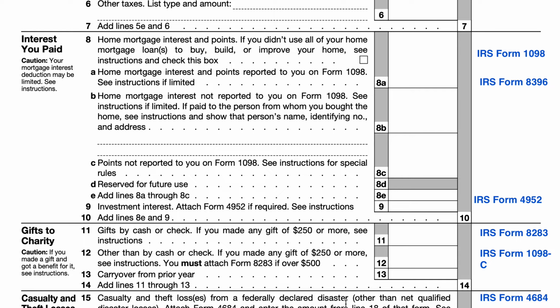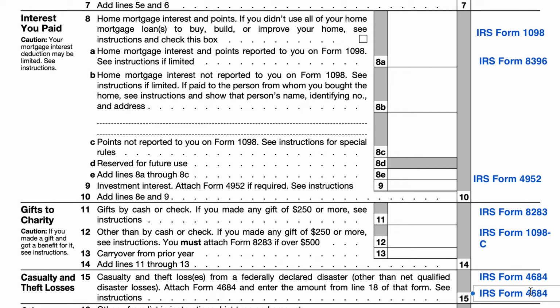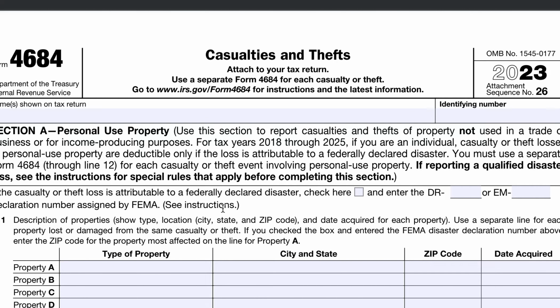And then casualty and theft losses. There are actually two tax forms, although one is a misprint. I'll enter the correct form number in just a second. The first one is IRS Form 4684. That is the casualty and thefts form.